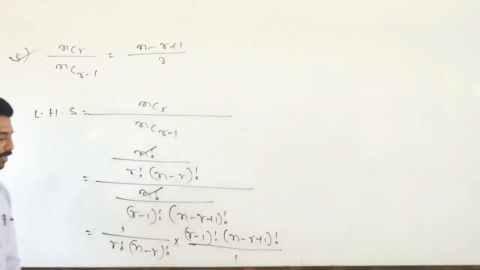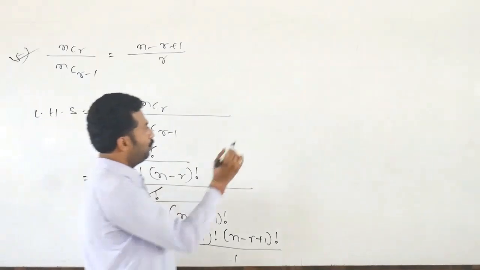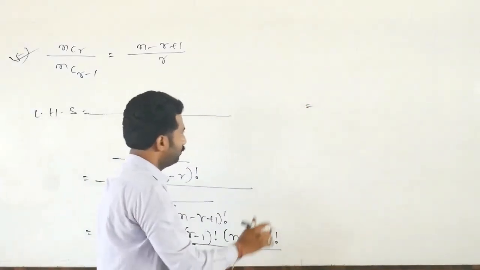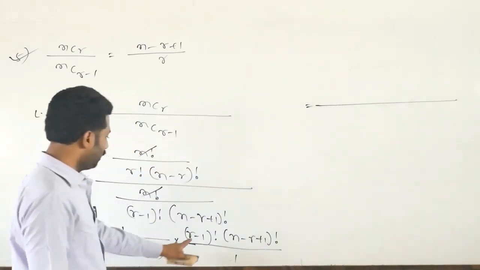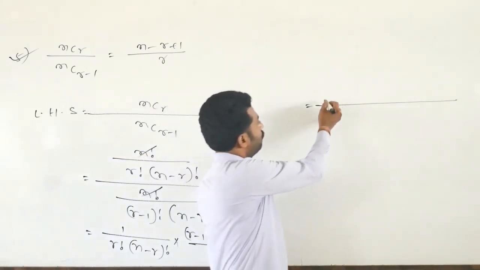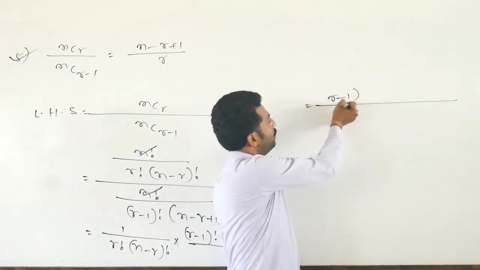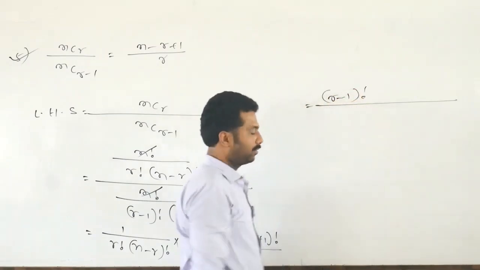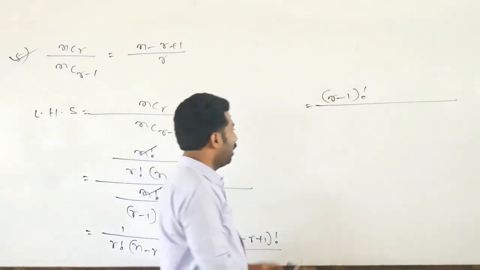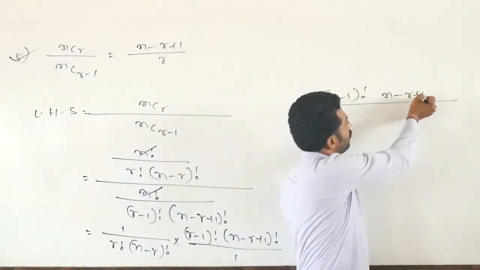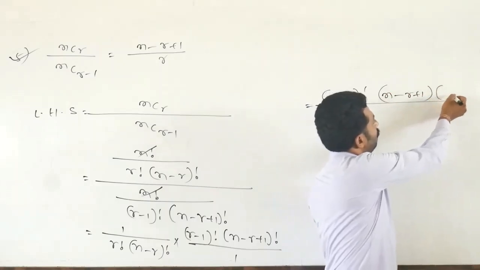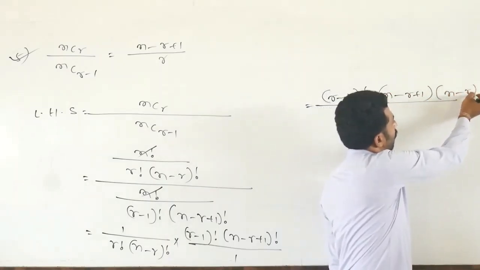How to rewrite this? Numerator terms: (r minus 1) factorial, and (n minus r plus 1) factorial, that is (n minus r plus 1) into (n minus r) factorial.